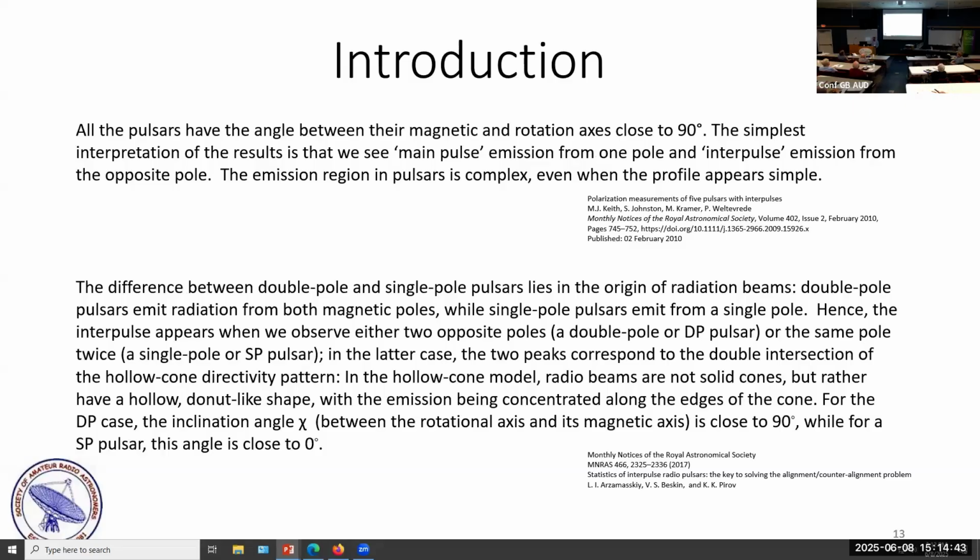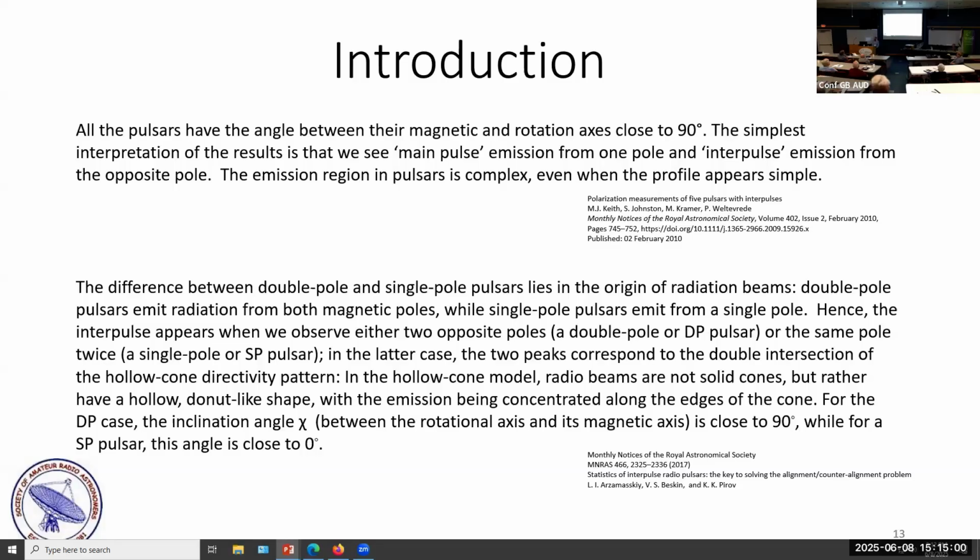The simplest explanation is where you have the magnetic and rotational axis close to 90 degrees. So one interpretation is that the main pulse is from one pole and the interpulse is from the opposite pole.